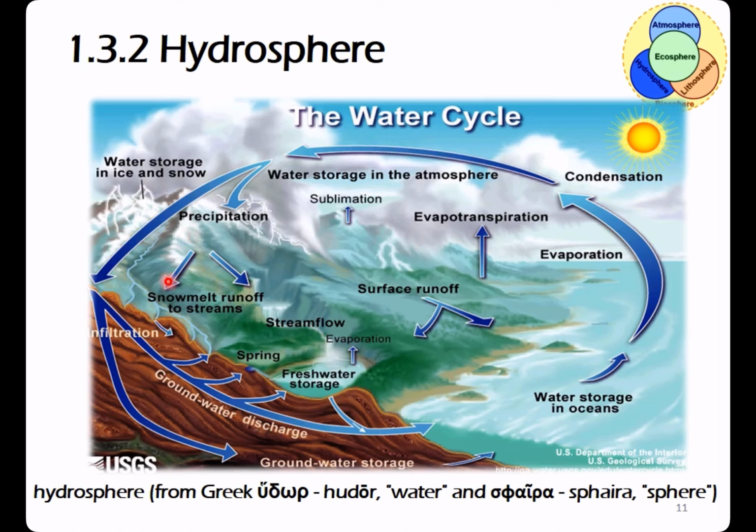The snow melt can run off into streams, and this water can infiltrate into the ground and becomes groundwater, where it can discharge into springs or freshwater storage. Eventually, all this water goes back into the ocean, and this is referred to as the water cycle.